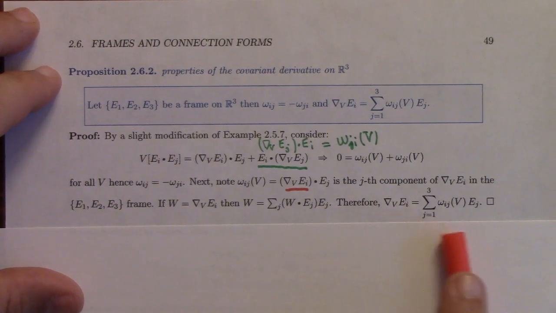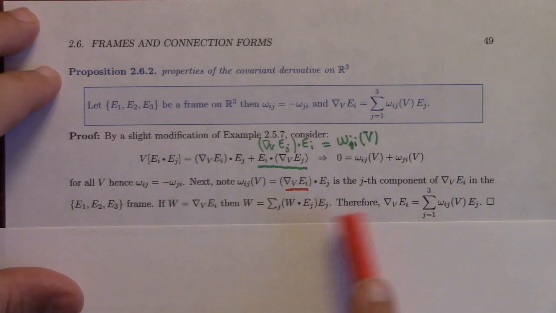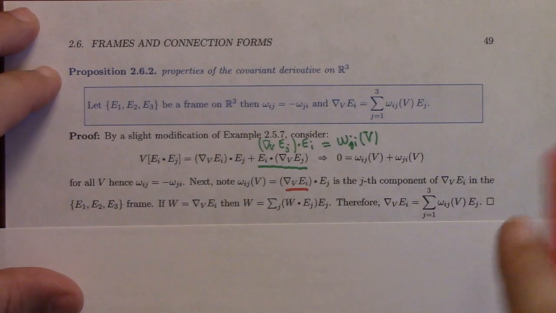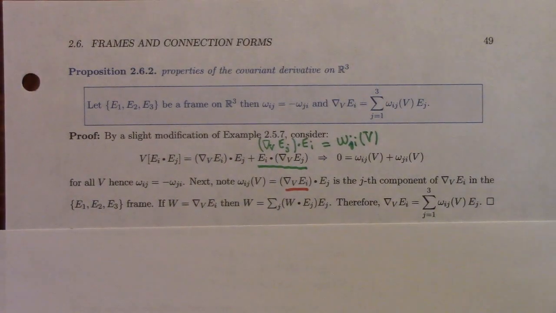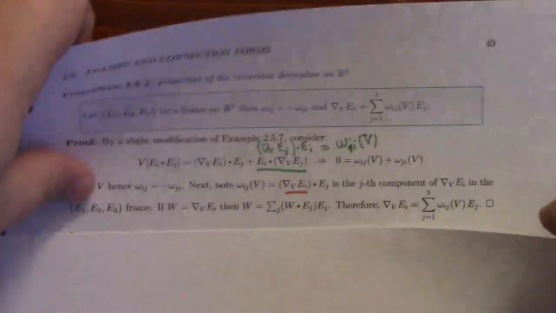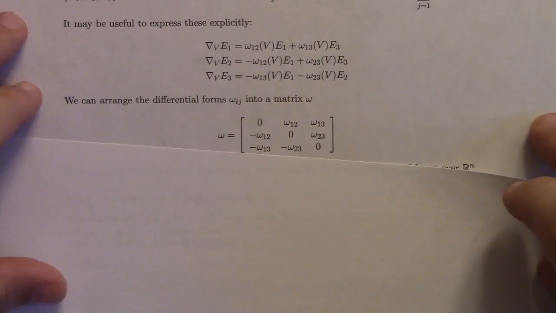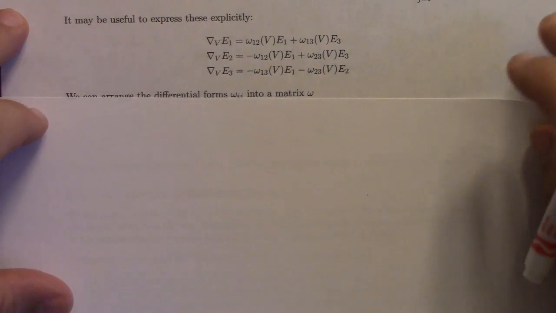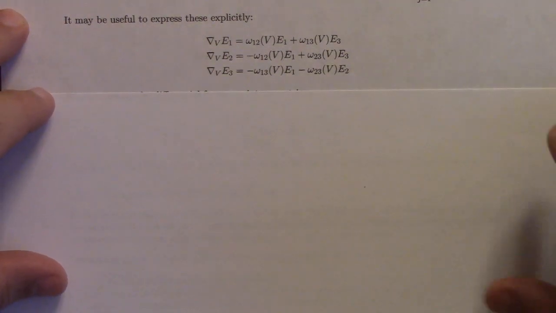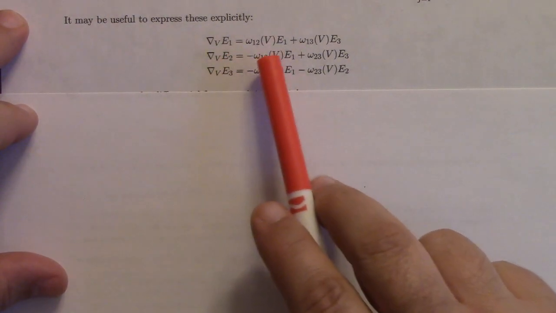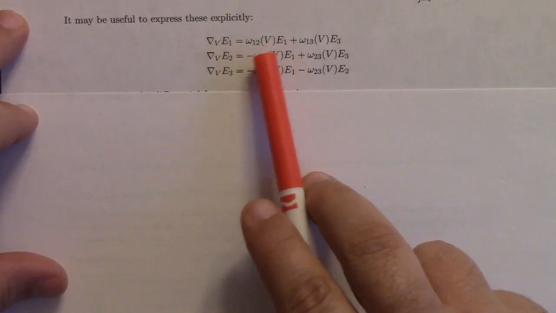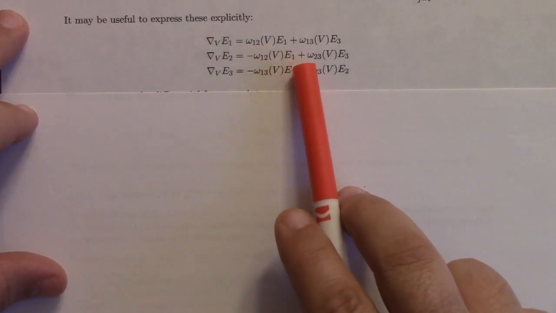So this is equal to that, because W dot Ej is literally omega ij of v. I think I used that in class, but of course we hadn't proved it. It is very nice to notice that the covariant derivative of v in the E1 direction is given by omega 1, 2.